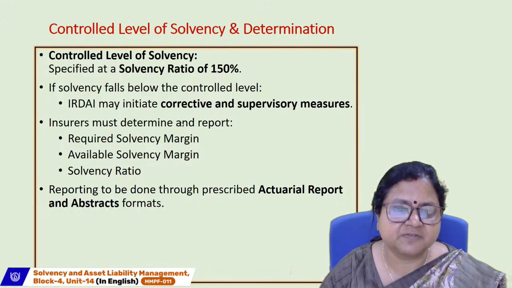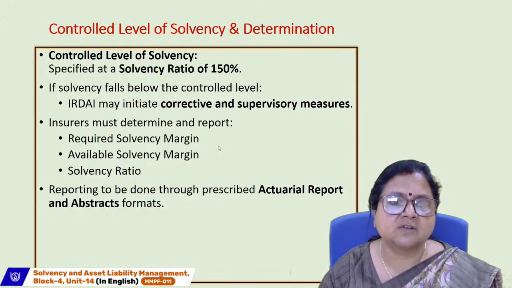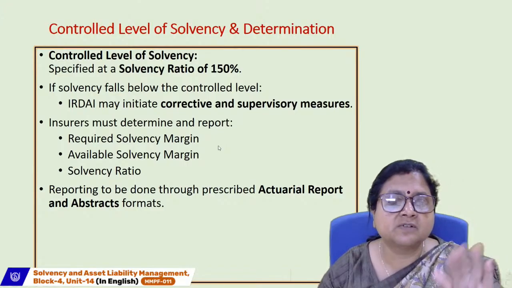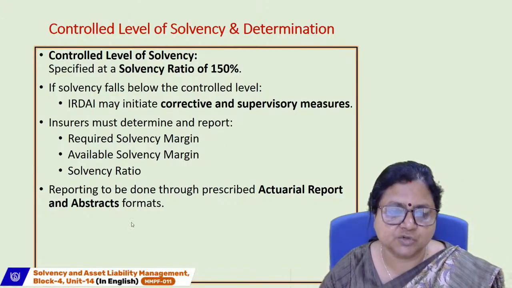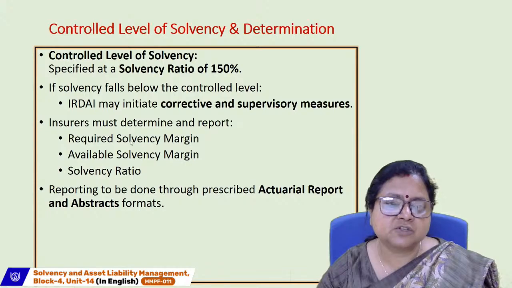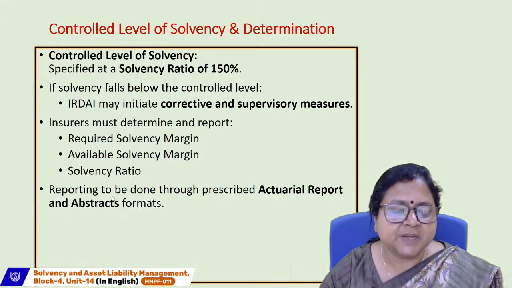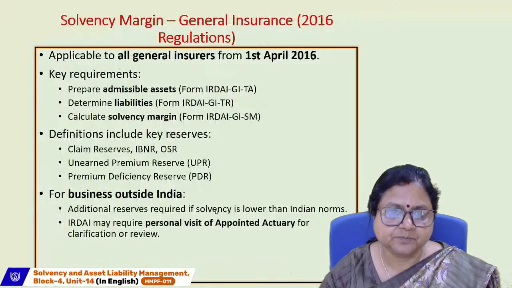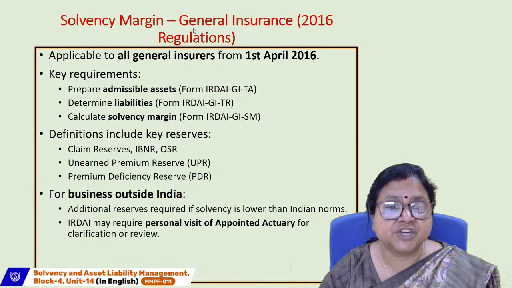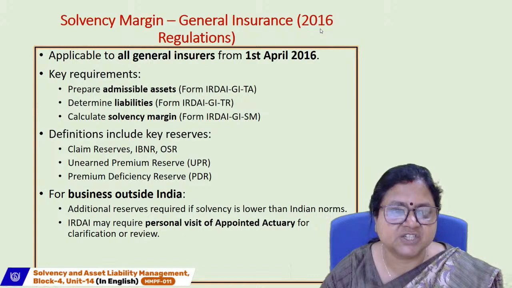The insurer must define and report the required solvency margin, the available solvency margin, and the solvency ratio. Available solvency divided by the required solvency will give you the solvency ratio. Reporting can be done through prescribed actuarial report and abstract formats. Now, solvency margin for general insurance as per the 2016 regulations.